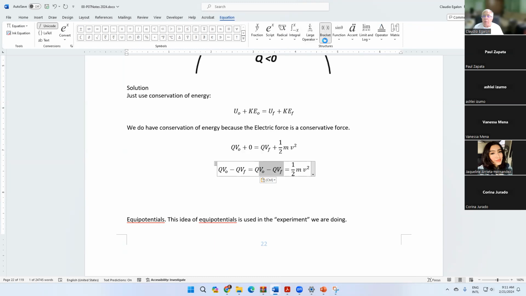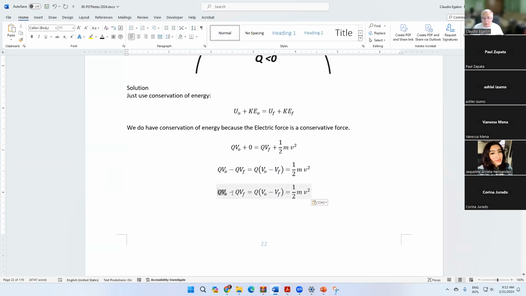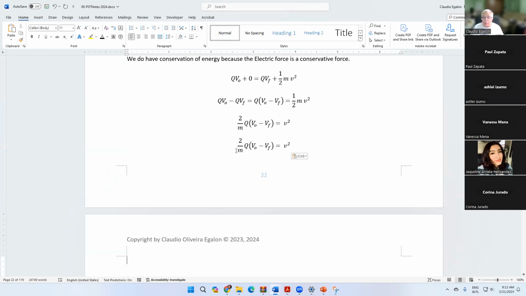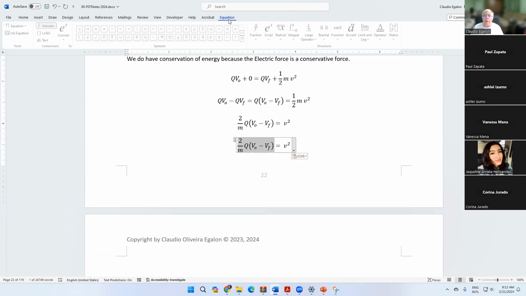When I put the Q in evidence, this Q disappears, right? And then we are left with this equation right in here. 2 goes to the other side, M goes also to the other side, and we end up with this solution with a square root right in here.